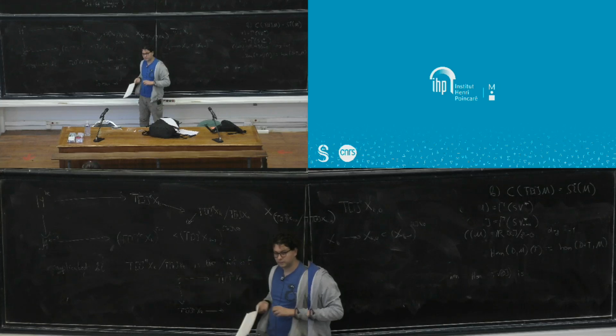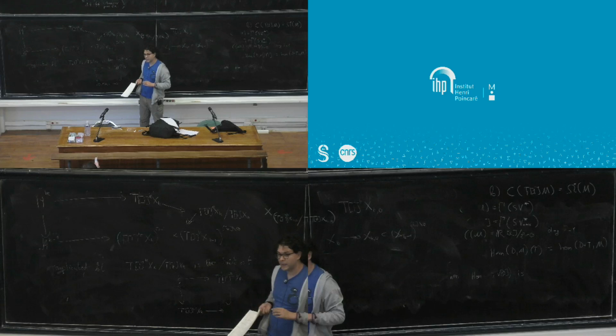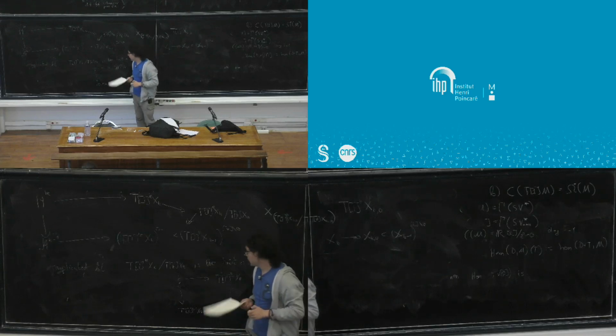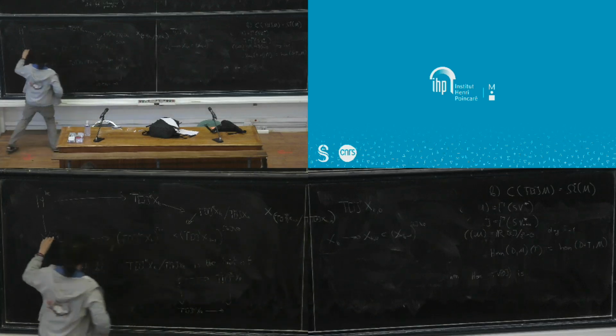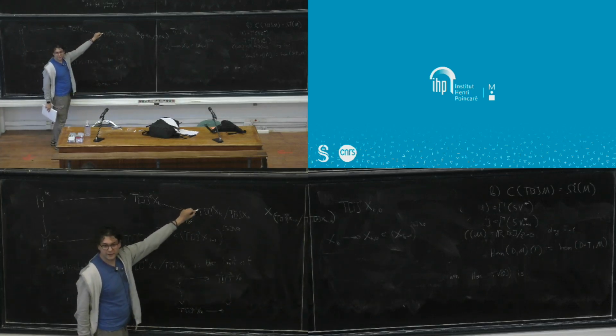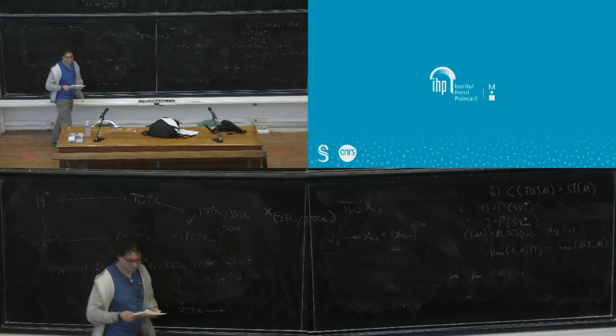I mean, you're trying to exhibit this as a pullback, but isn't this already a manifold? You're just removing something from it. Basically, the hard bit is saying that this one lifts uniquely here. In order to do that, you use this pullback diagram. Yeah, I see.